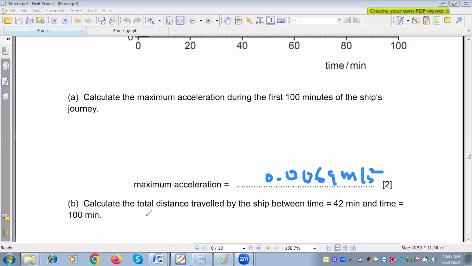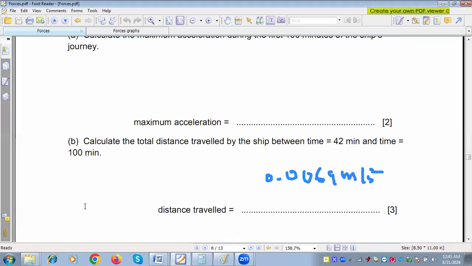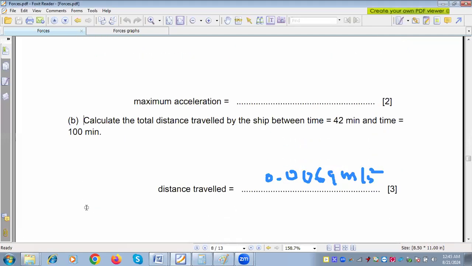Calculate the total distance traveled by the ship between time t equals 42 minutes and time t equals 100. So this we will calculate by using the area under the graph, and this already is done for you.